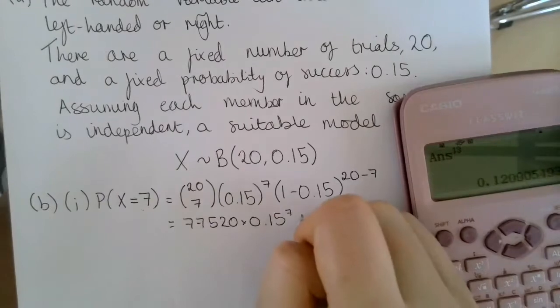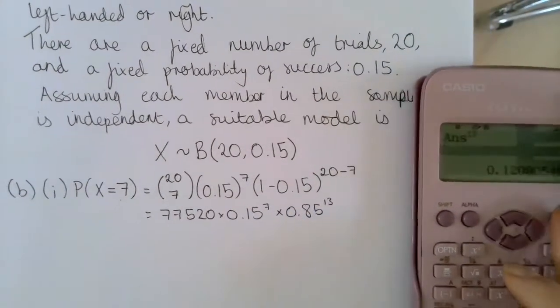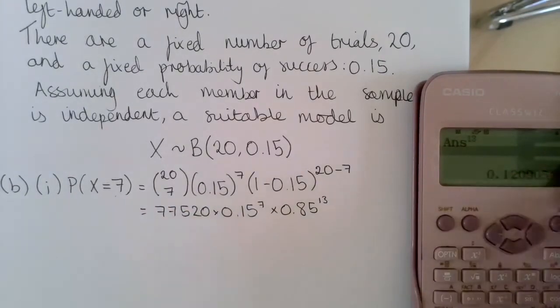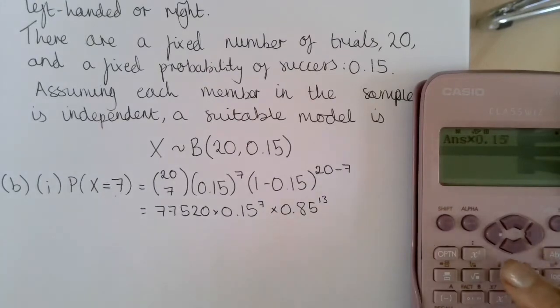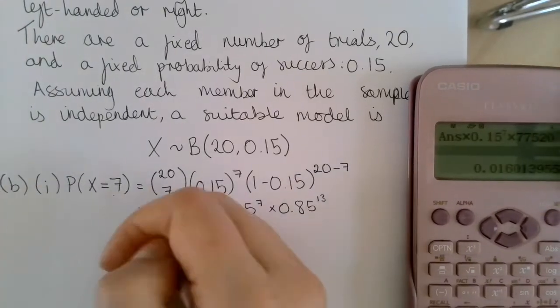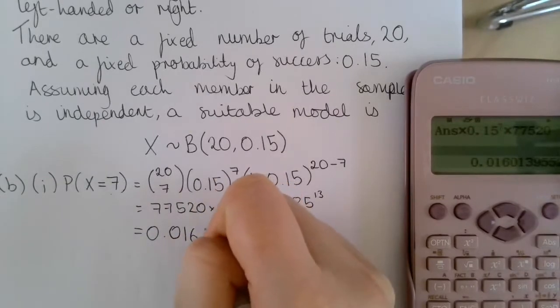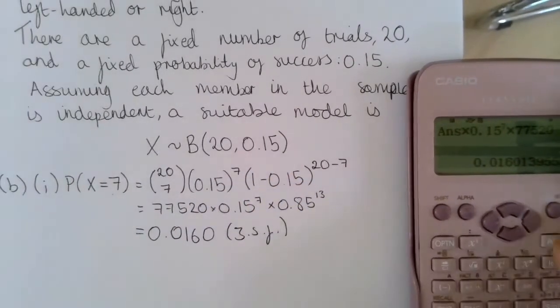Just going to write that as 0.85 to the power of 13, and then type all of this into my calculator. So I've got 0.85 to the power of 13 multiplied by 0.15 to the power of 7 multiplied by 77520. So that's equal to 0.0160 to 3 significant figures.